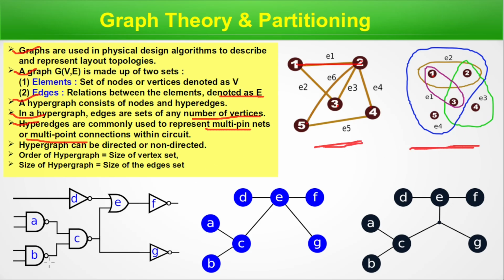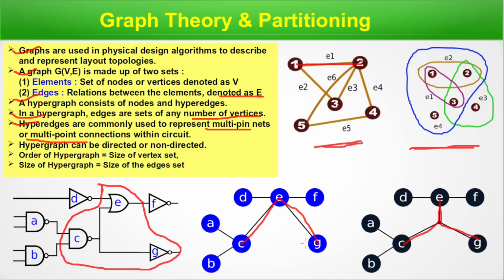Now there is a simple circuit with 7 gates, and we represent that circuit with a graph this way, and with a hypergraph this way. Notice how it's different: E and G are both connected to C. In a graph, only two nodes can be connected, so C to E is connected and E to G is connected. In a hypergraph, multiple nodes can be connected, so C is connected to E and G together.